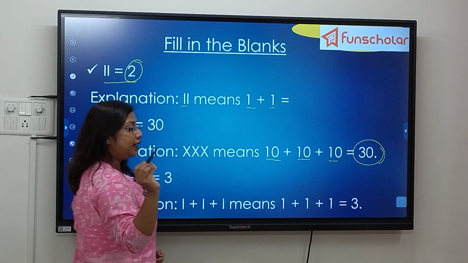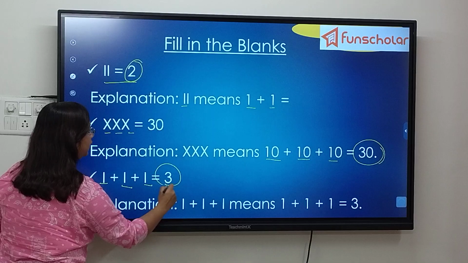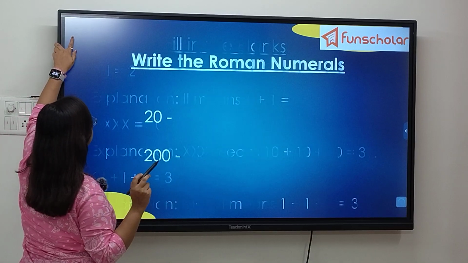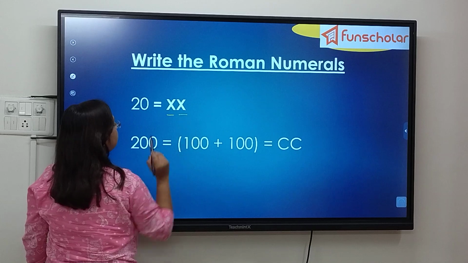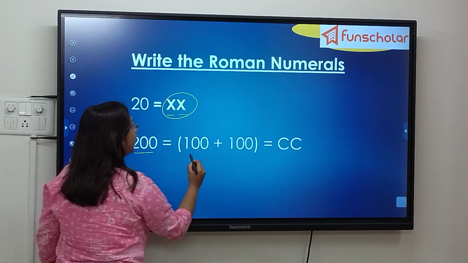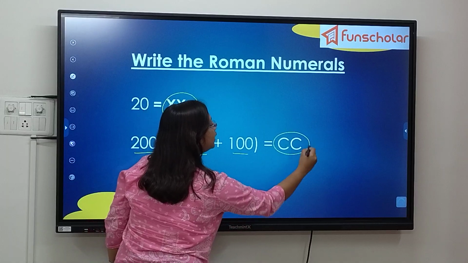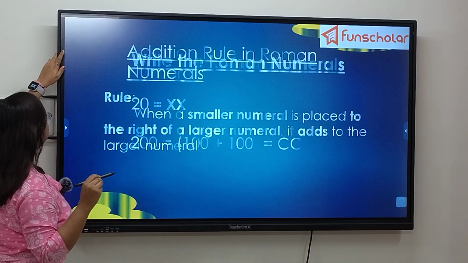So total 30. Now this one, 1 plus 1 plus 1, total 3. Now 2 times X means X plus X, that is 20, and 200, 100 plus 100, that is C, 2 times C. Okay?